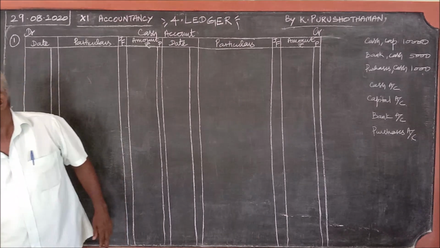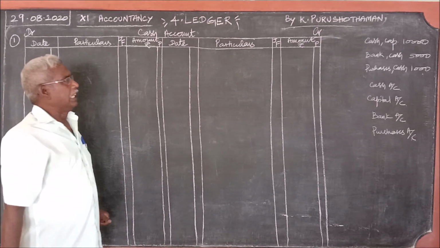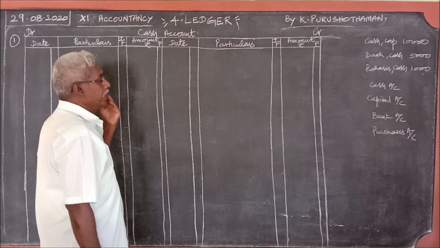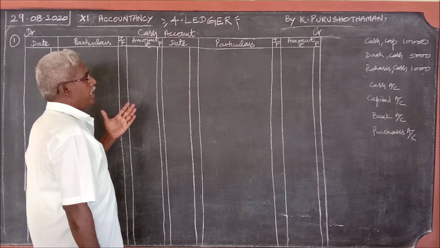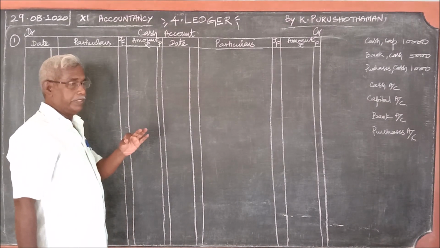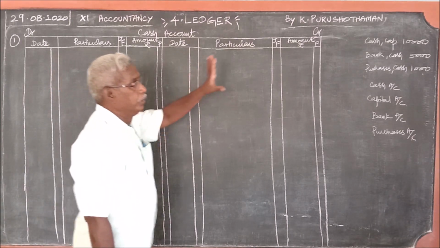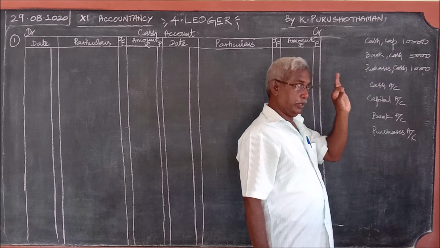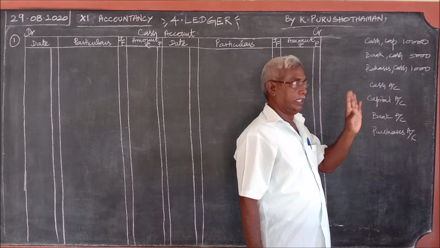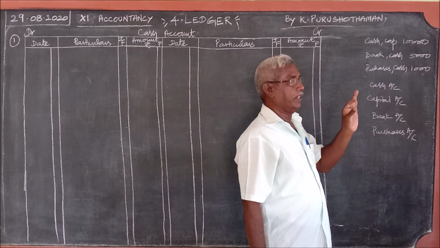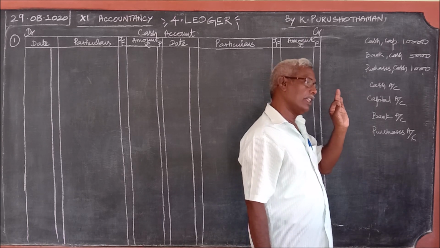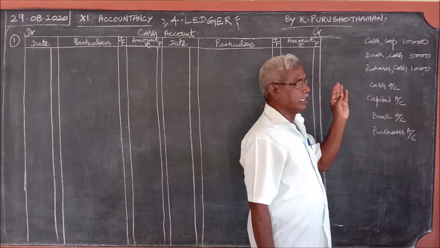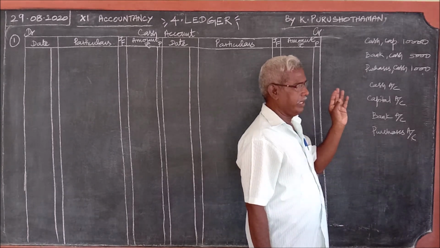Okay, now we shall pass on to the postings. This is very important. Since I am saying very important, don't think it is very difficult, it is very simple. If you know the journal entries correctly, the preparation of ledger is very, very easy.